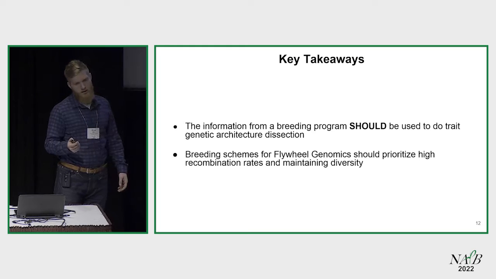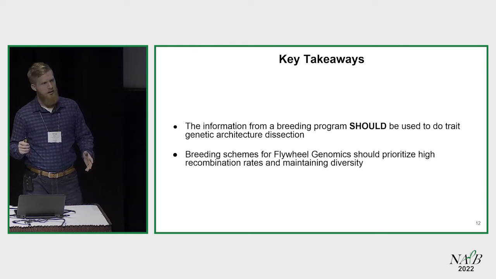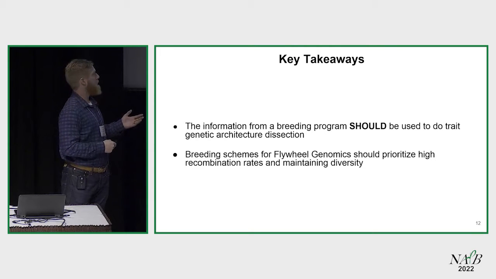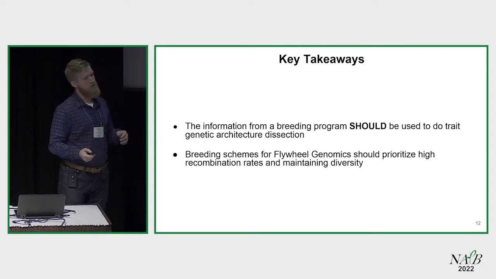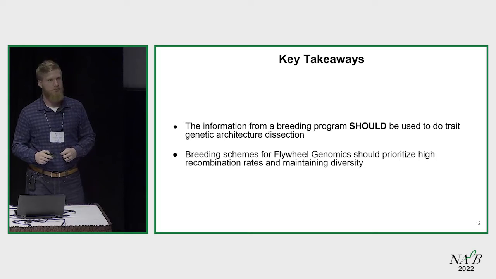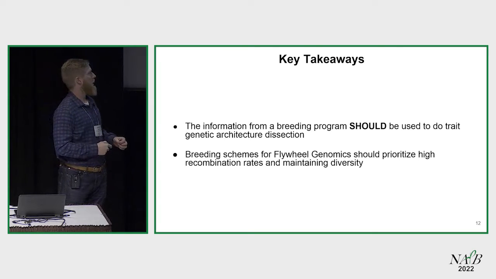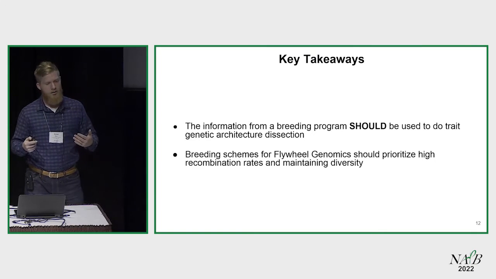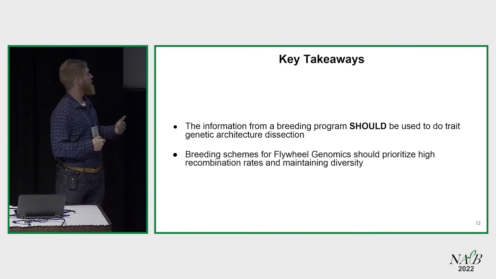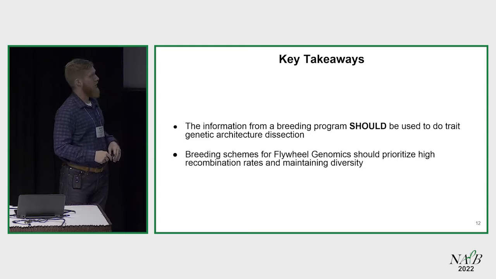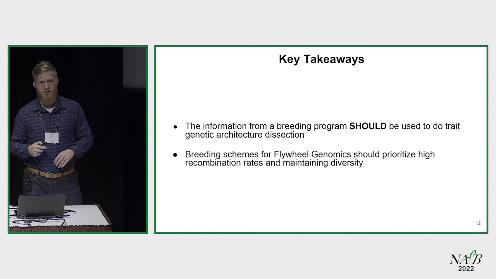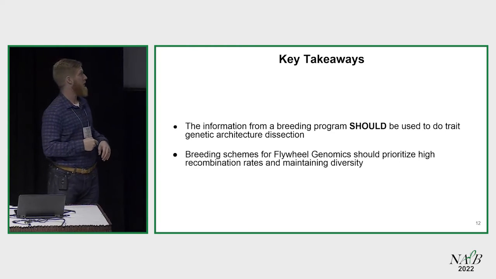So, two key takeaways that I hope I'm getting across. Breeding populations should be used to do trait genetic architecture dissection. And this is going to work best in this flywheel genomics analogy if the program is trying to both maximize recombination rates, so that's what recurrent selection should do, and maintain diversity.